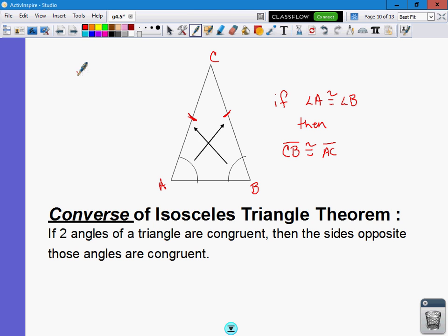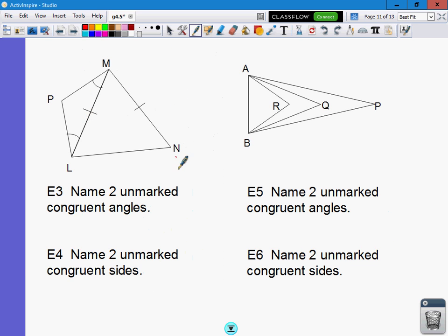If I go to the next slide, still writing. Okay. Example 3. Name two unmarked congruent angles. Which triangle is that going to come out of?